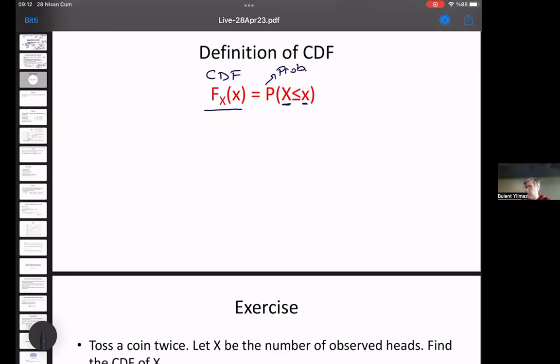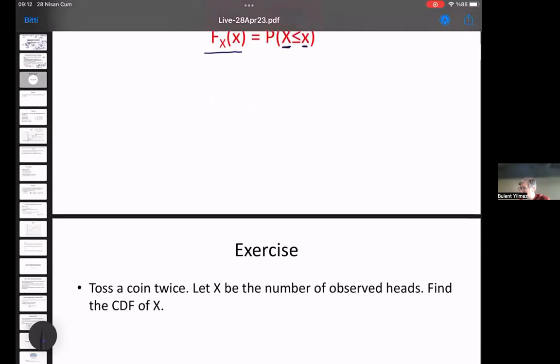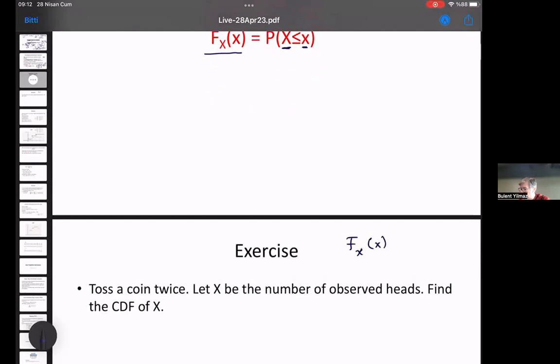As I said, for example, I was using failure or pass, and then I was able to find out the probabilities and come up with the CDF. Now, using this formulation, let me write it again. This is capital X, this is small x, and this is the probability of X less than or equal to x.